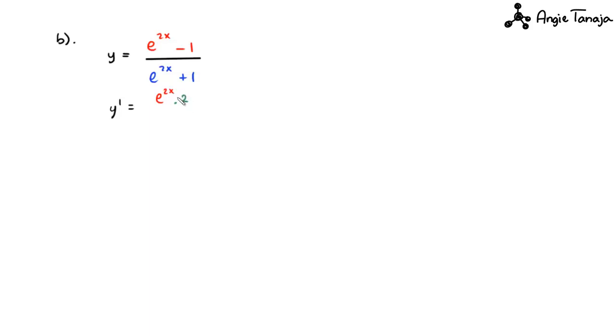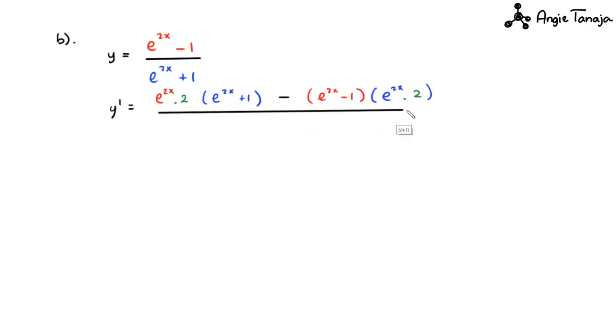The chain rule. u prime times v minus u v prime. Our v prime will be e to the 2x times the chain rule, over v squared.